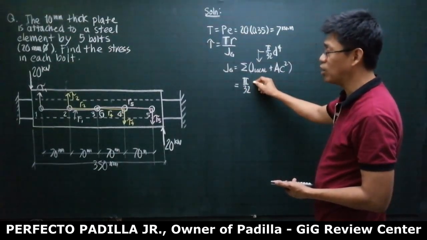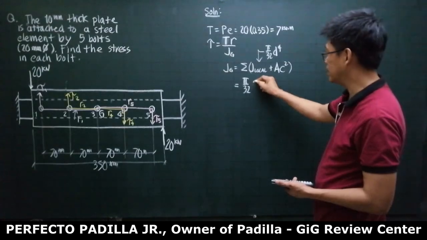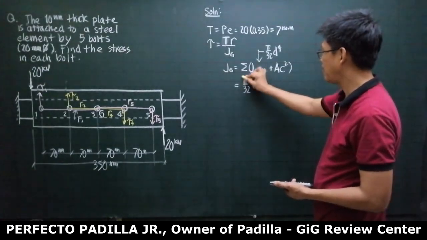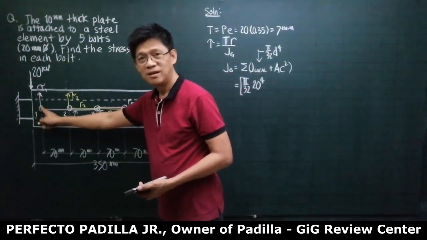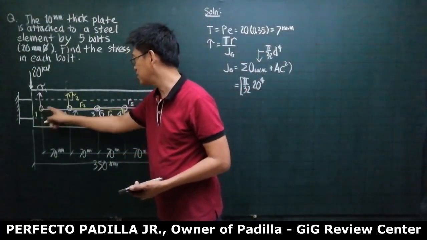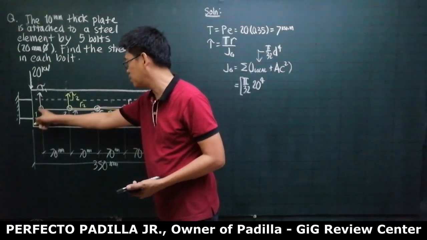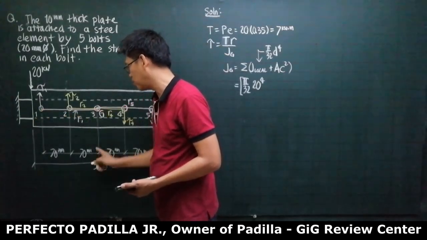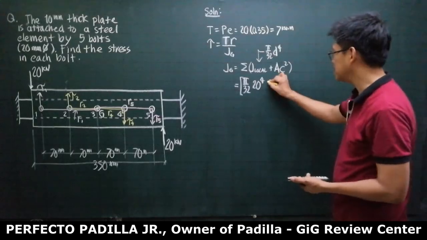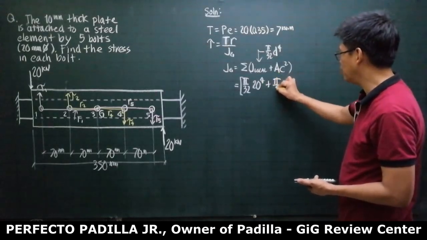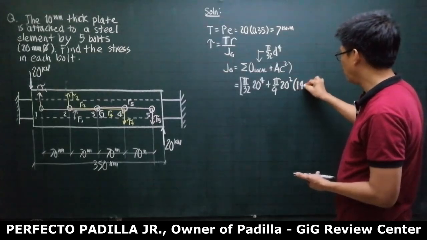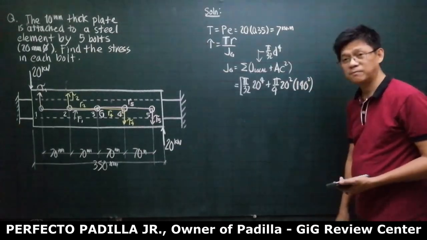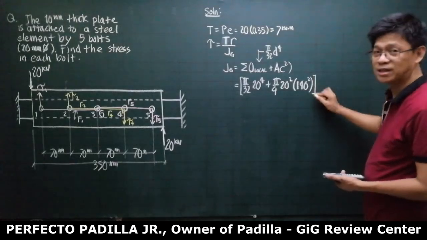The diameter of bolt is 20 to the fourth. So let me begin with bolt 1. So plus area transfer distance squared. The transfer distance of bolt 1 to the global centroid is 140. So plus area pi over 4 diameter squared, transfer distance 140 squared, right? This is for bolt 1.